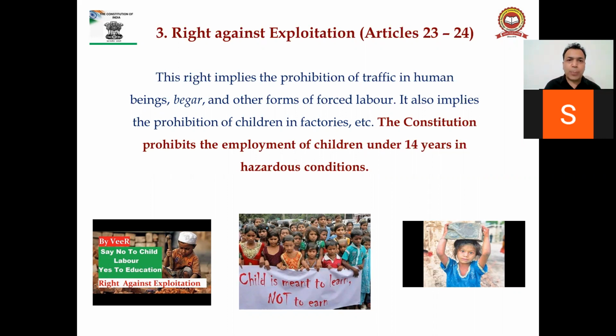It also implies the prohibition of children in factories, etc. The constitution prohibits the employment of children under 14 years in hazardous conditions. It means no person can force a child up to the age of 14 years to work in any factory and others.